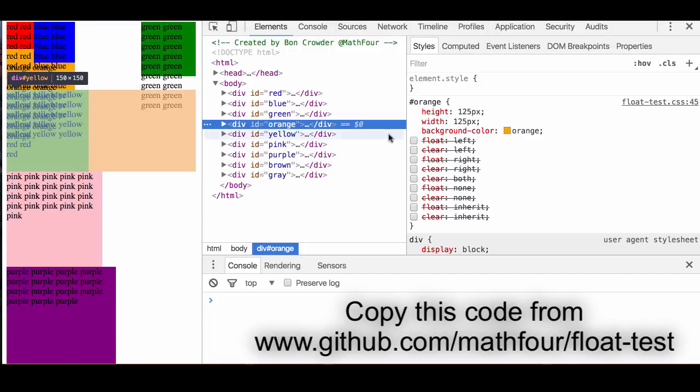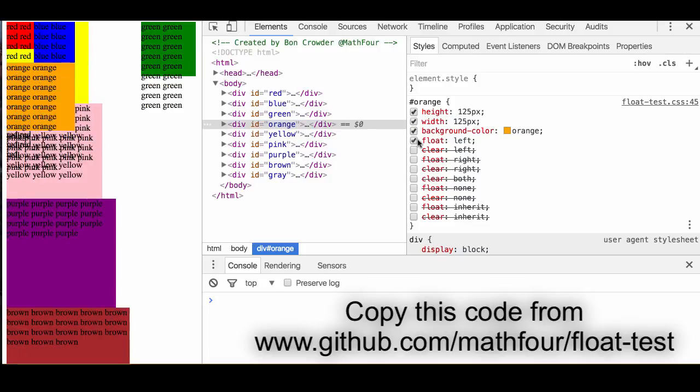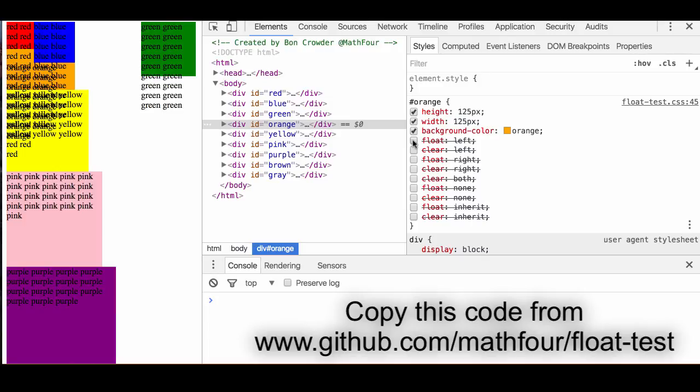So now I'm going to float him right for the next one just to see what happens. Now we're going to talk orange. Now notice orange is underneath everybody, right? Because he's back in the flow. So if I float him left, ooh, what happens? Oh, look at that. So notice the yellow and the pink and the purple just go up.